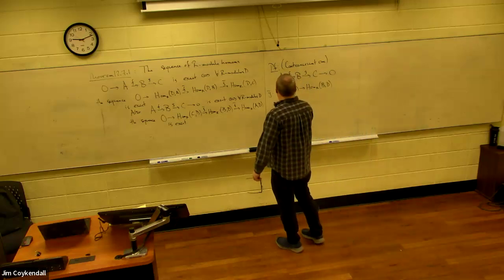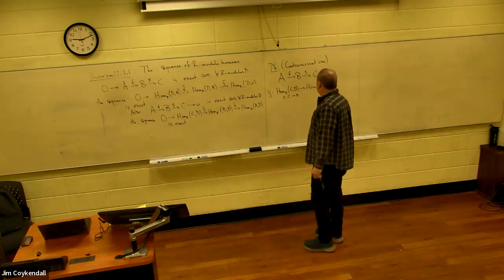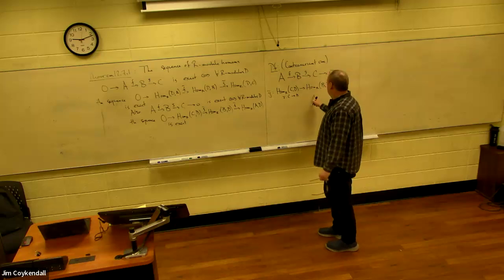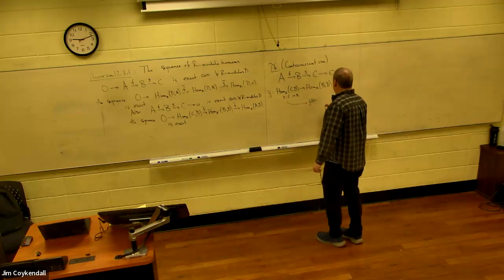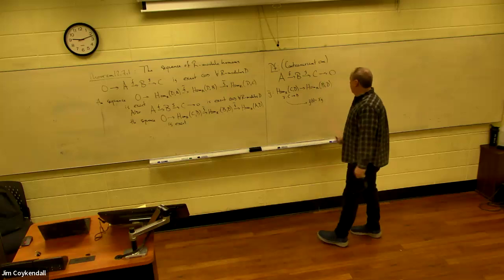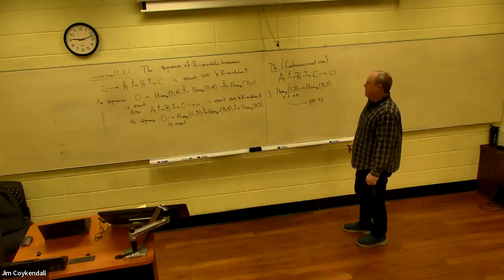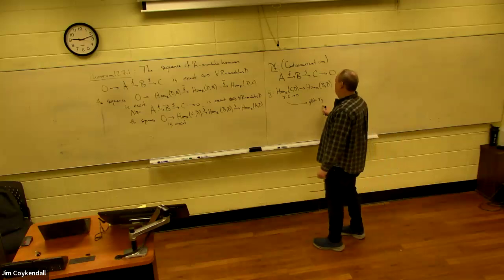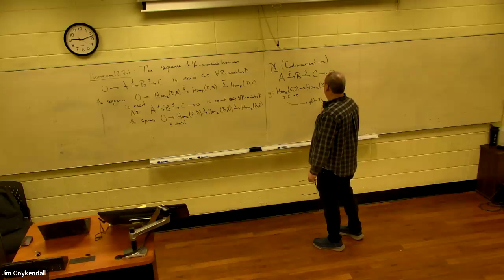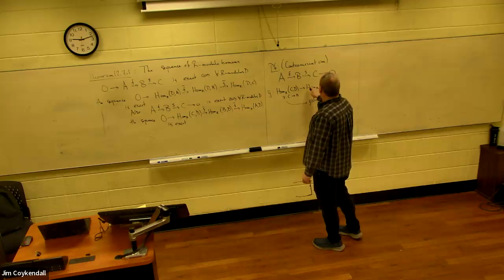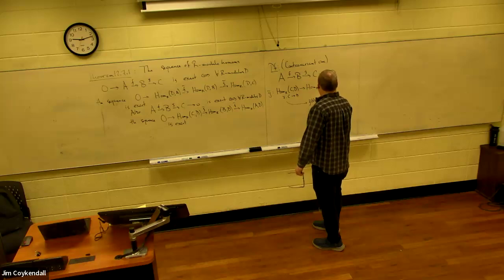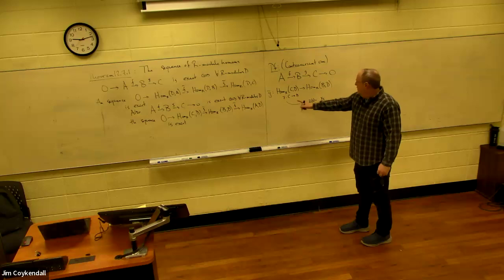Well, you have gamma, which goes from C to D, and I'm going to use G to get you from B to D. Gamma goes from C to D, and G goes from B to C. So I need to do G first, and then gamma.